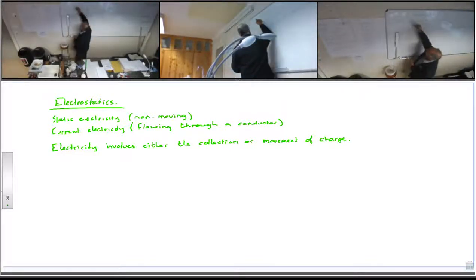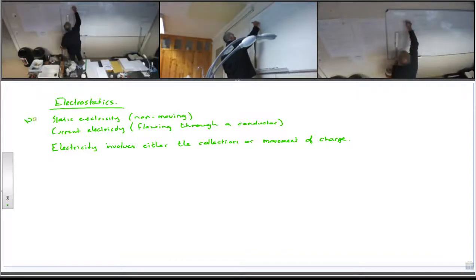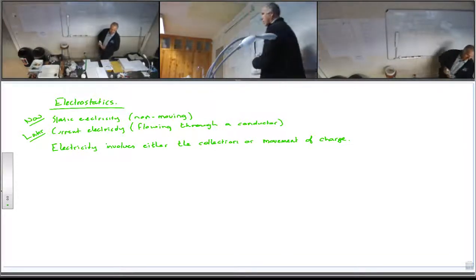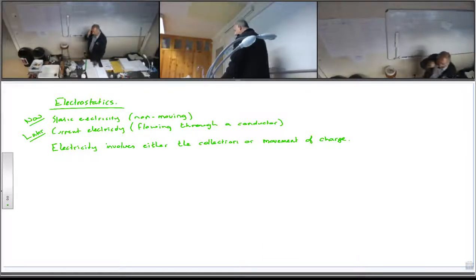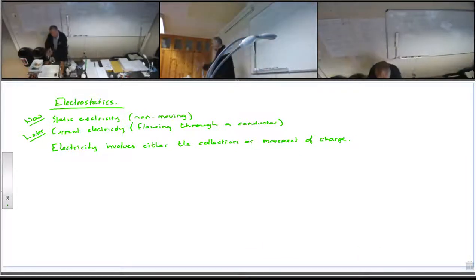Okay, this we're going to be dealing with now. Static electricity and current electricity we will be dealing with later. But whether it is current electricity or static electricity, they all deal with charge. Static electricity, the charge tends to collect on one spot and stay there until it's able to move.